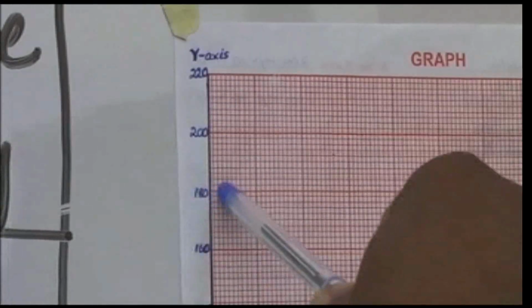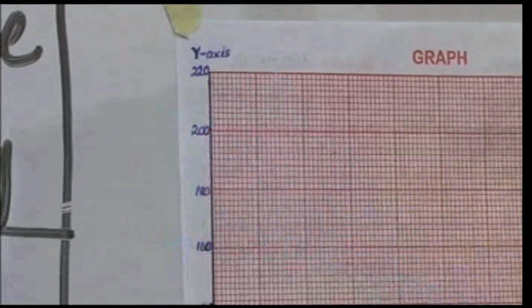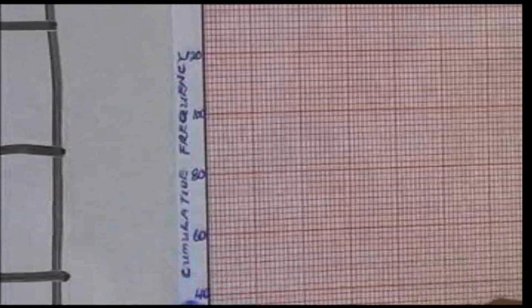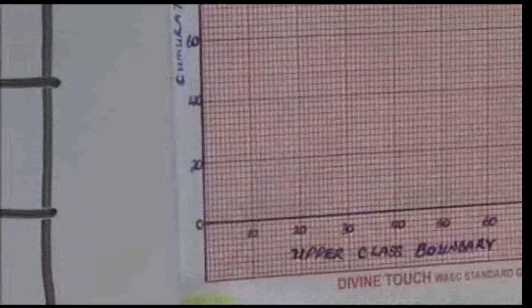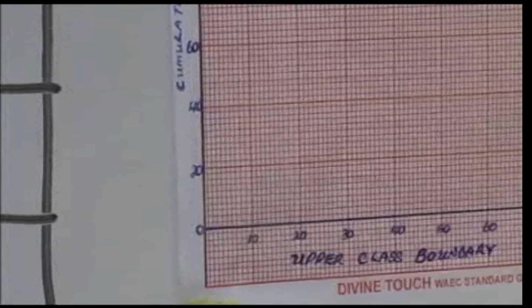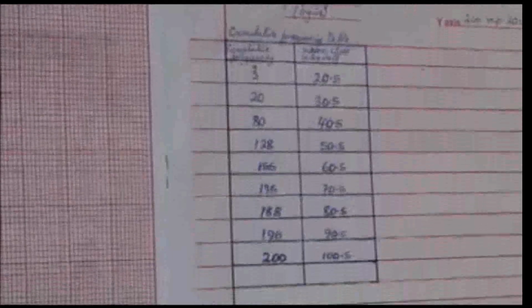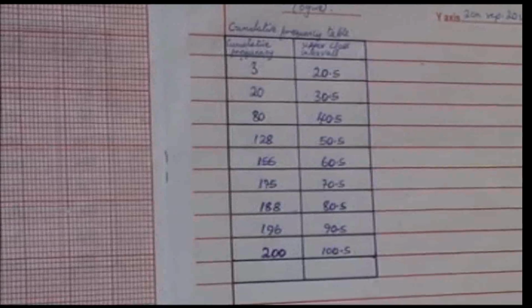Each gap of 2 cm you have 20 units. And there you have the cumulative frequency. So the values we have on this axis are the cumulative frequencies. So we'll go ahead and do our plotting from the table of values, the cumulative frequency table.